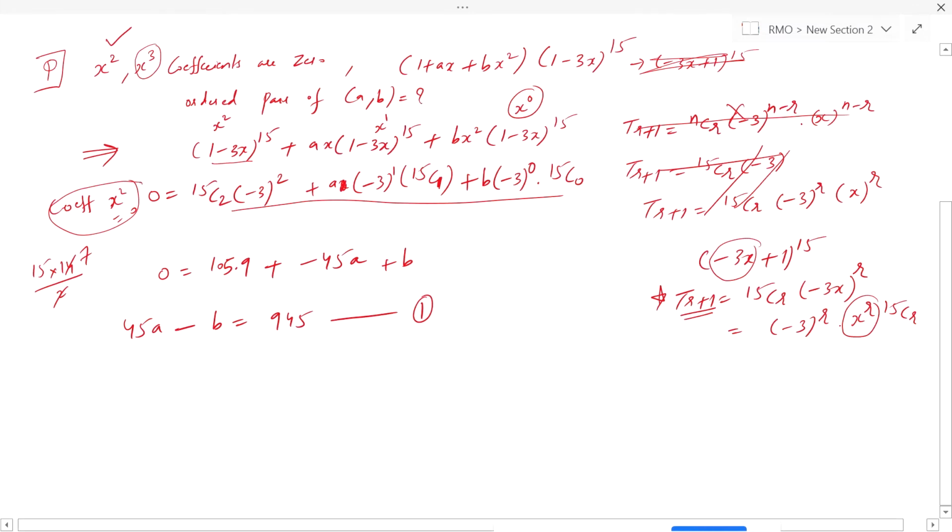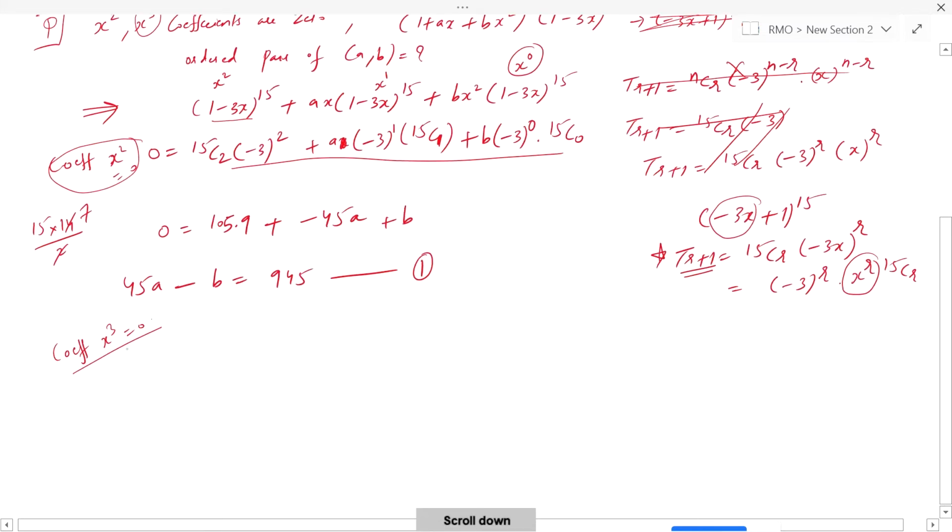Got the equation? 35 into minus 27. How did you get 35 into minus 27? 15c3 into minus 3 whole cube. What will 15c3 be? 15 into 14 into 13 divided by 3 into 2.